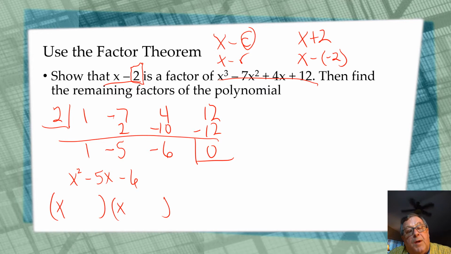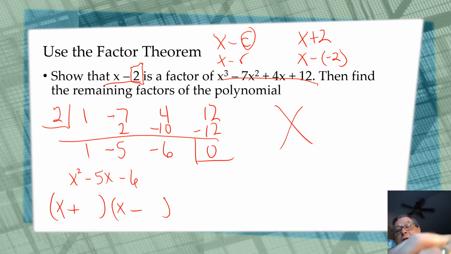So I'm going to have a plus and a minus in my parentheses because that's the only way I can multiply two numbers and get a negative. One's got to be positive, the other's got to be negative. And I'm looking for two numbers that are going to multiply to negative 6 and add to negative 5. Well, I think negative 6 and positive 1 should do that.